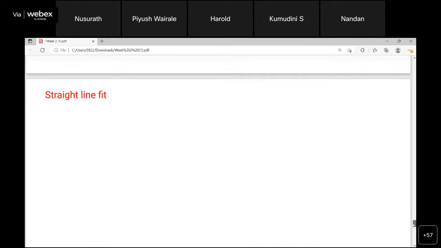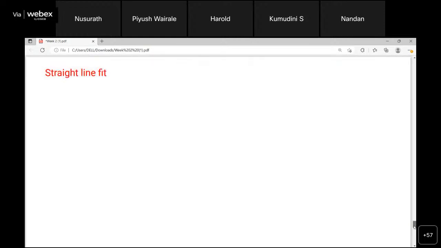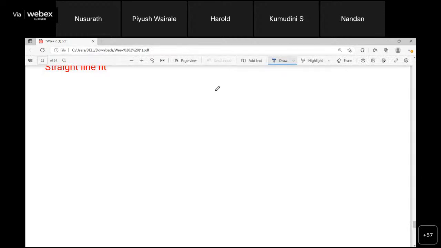Okay, so now we'll move to the last part, that is straight line fit. Now what is straight line fit here? Let us discuss. This is my x-axis, this is my y-axis, and these are a few points.